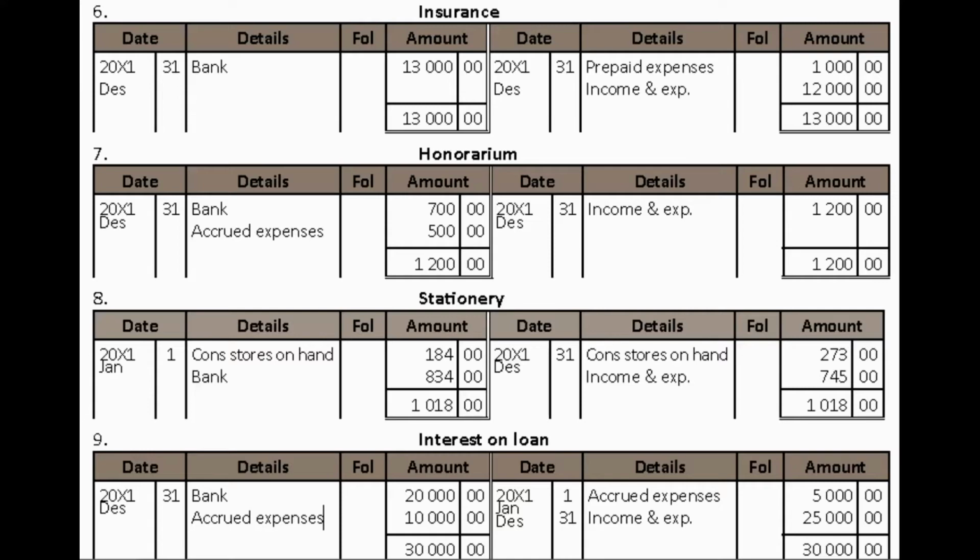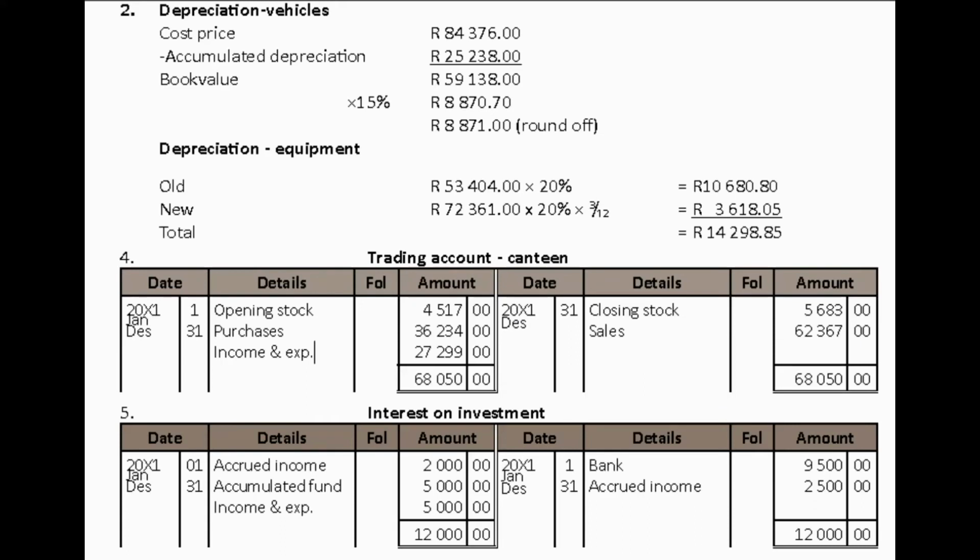The balancing figure is on the debit side, and that is 10,000 Rand, and that is for expenses accrued at the end of the year. That is the adjustment for accrued income, sorry, not accrued income, accrued expenses at the end of the year. And you enter that on the debit side of interest on loan, and then that account closes off because you've closed it off to the income and expenditure account with 25,000.